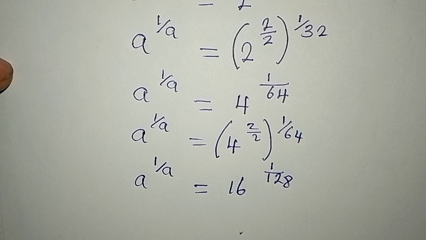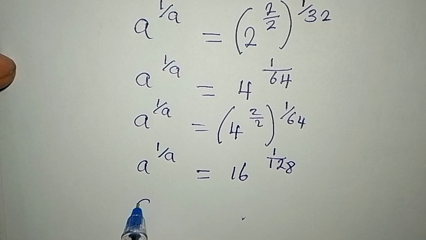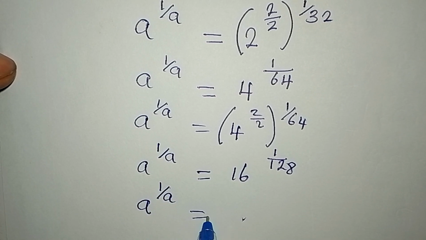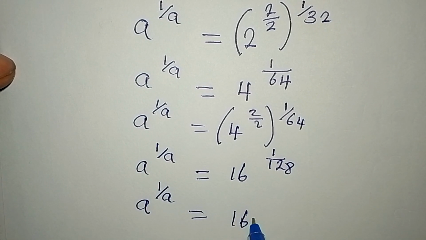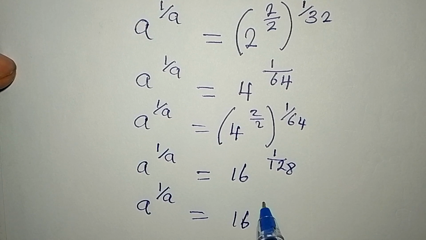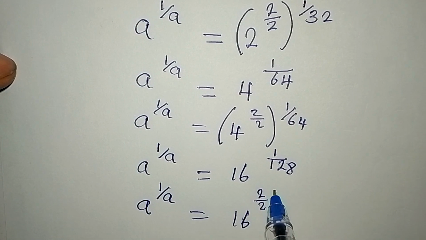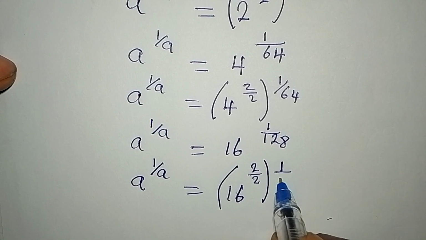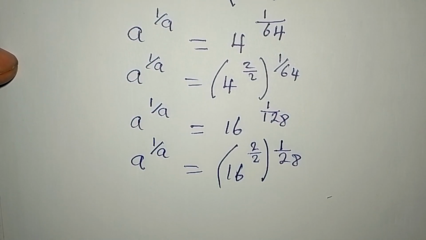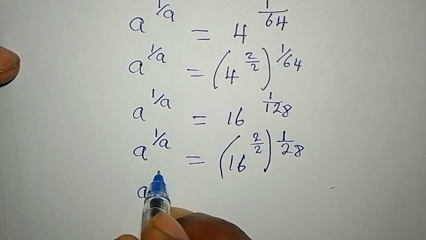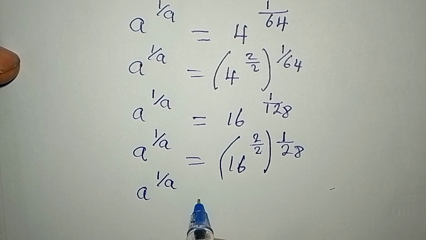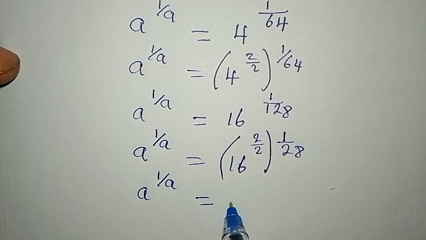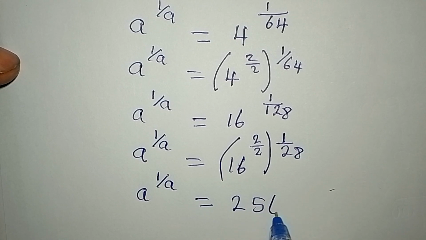So from here, I'm still going to do the same thing. I'm going to repeat what I did before so that I have a to the power of 1 over a to be equal to 16. I'll now raise this 16 to 2 over 2 as well. Then raise this to 1 over 128. From here, I have a to the power of 1 over a, and it's equal to 16 to the power of 2 is 16 times 16, and that is 256.